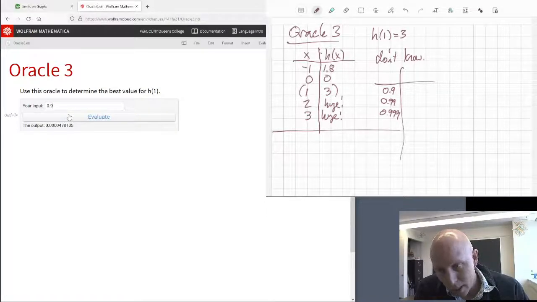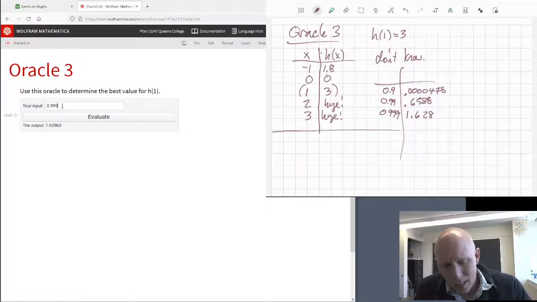So 0.9 gives us 0.000478. Let's try 0.99. That gives us, oh my gosh, 0.6588. 0.999 gives us 1.628. What about 0.9999? That gives us 1.782.